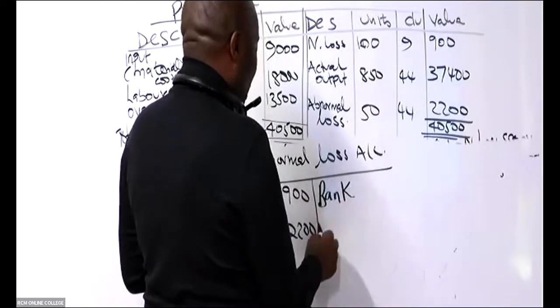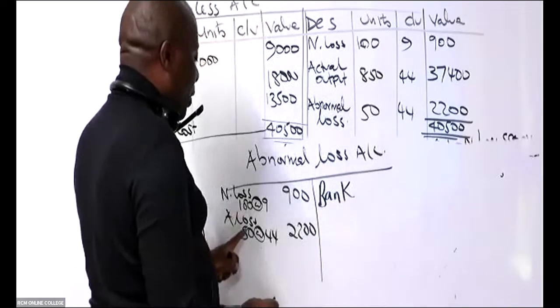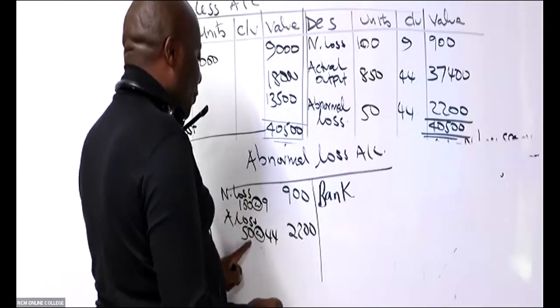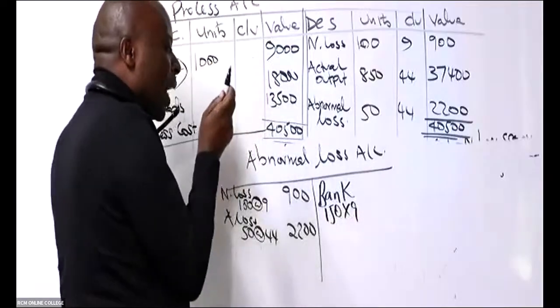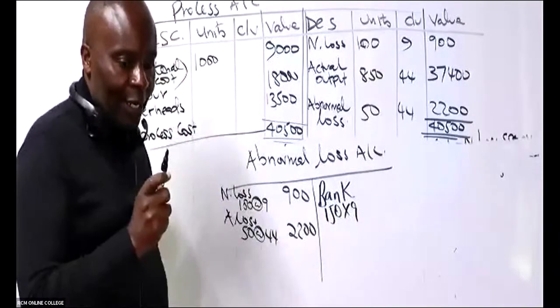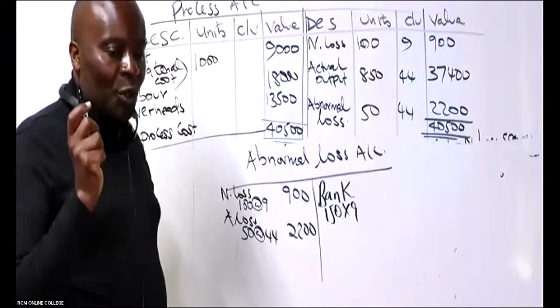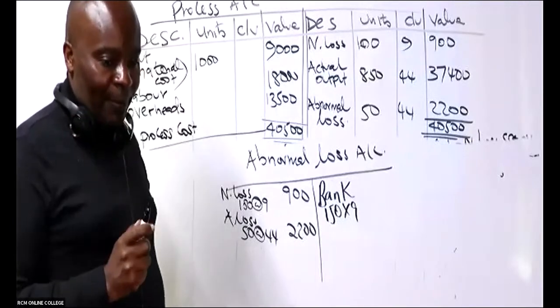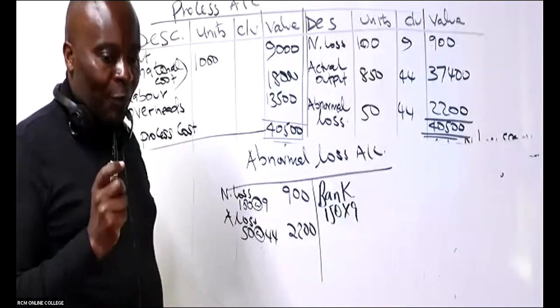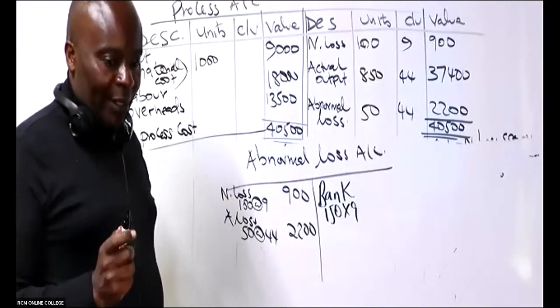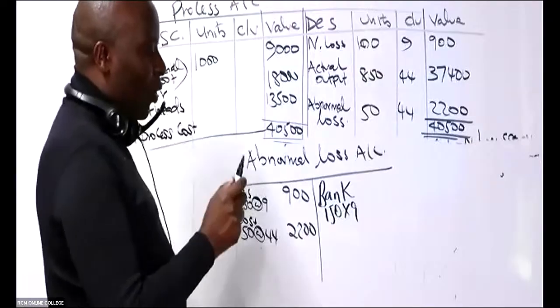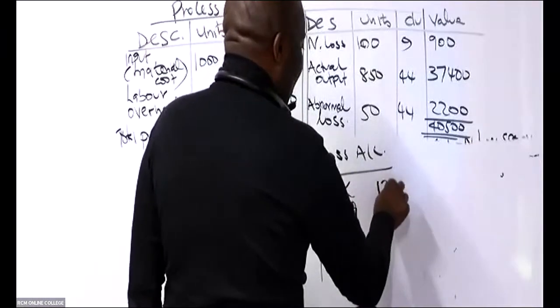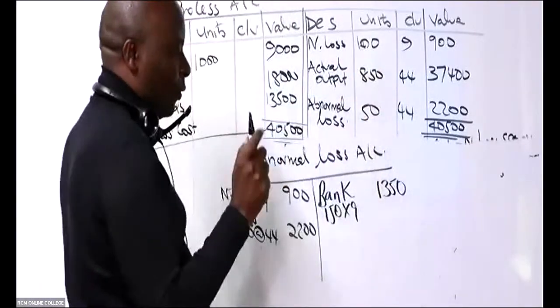The total here is 150 units. Don't forget to scrap them at the scrap value given. So 150 times 9, I'm being given a figure of 1,350.